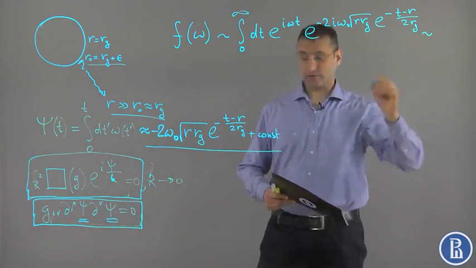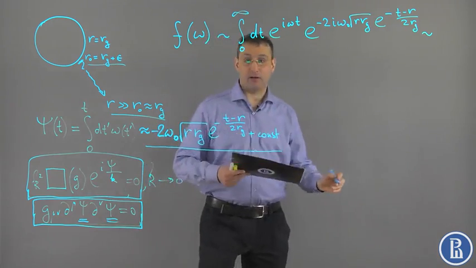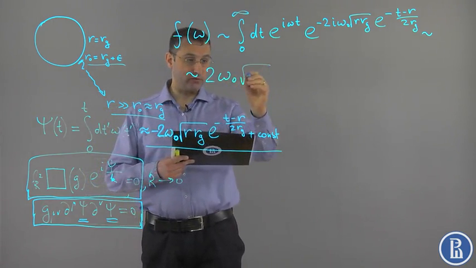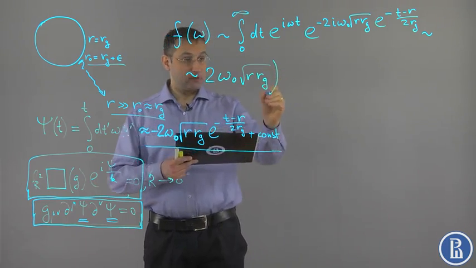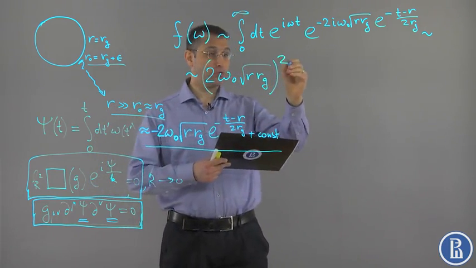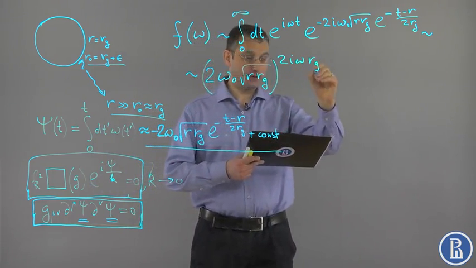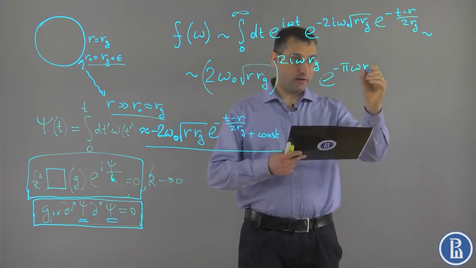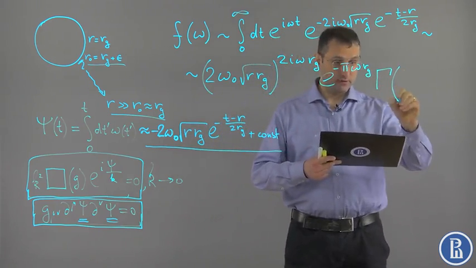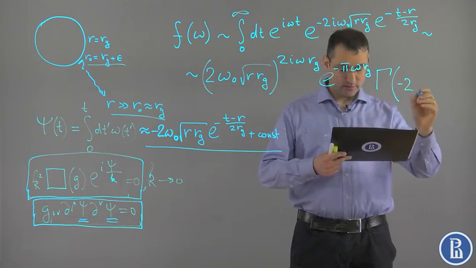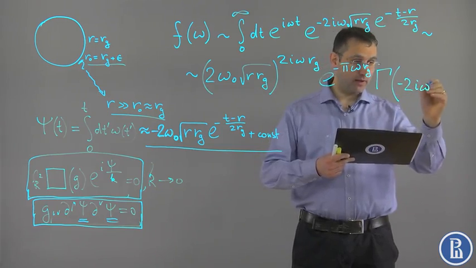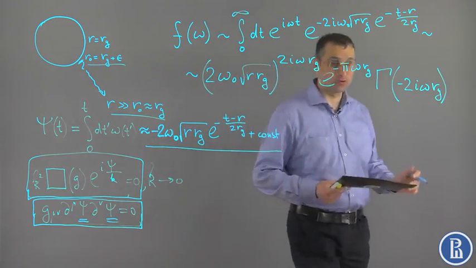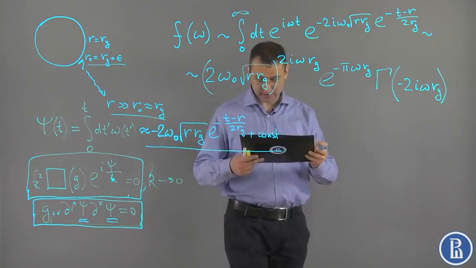And this integral is not hard to take, and it is proportional to 2 omega 0 square root of r times rg to the power of 2i omega rg, times exponent of minus pi omega rg, times the Euler gamma function of minus 2i omega rg. And in this equation, we dropped all the factors that do not depend on omega. So we kept only the factors depending on omega.